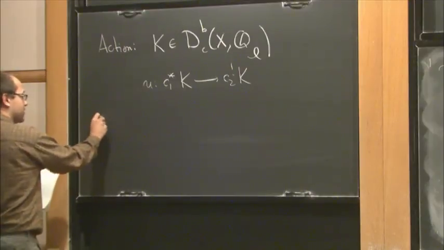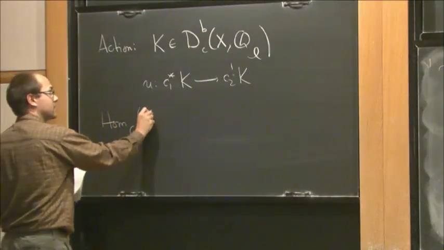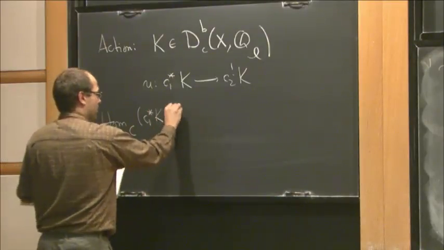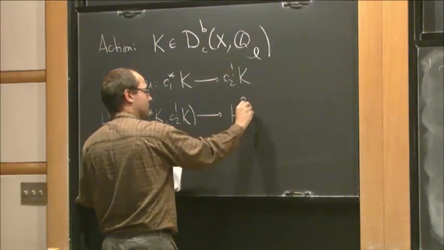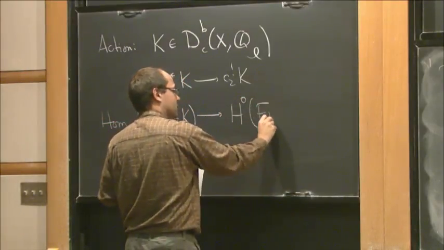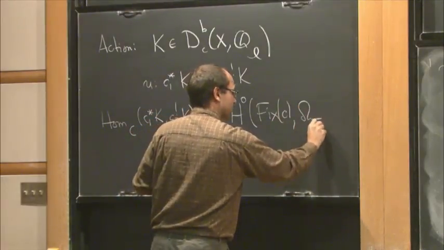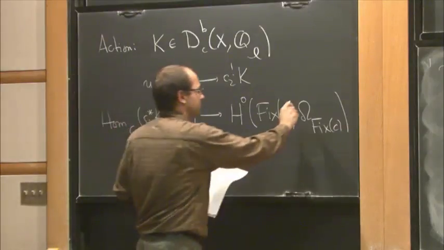But anyway, there's a map which goes from the space of actions to this cohomology group, where this is the dualizing complex.